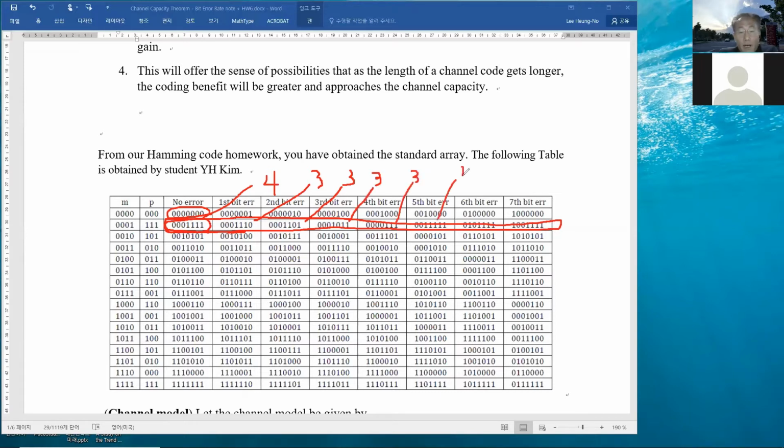This is 5, 5 again, and 5 again. So there are 4 3-bit flip error events, a single 4-bit error event, and 3 5-bit error events. So 4, 1, 3.